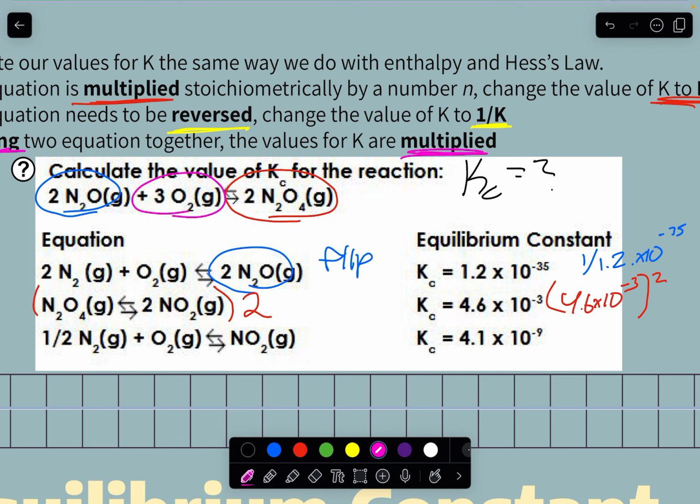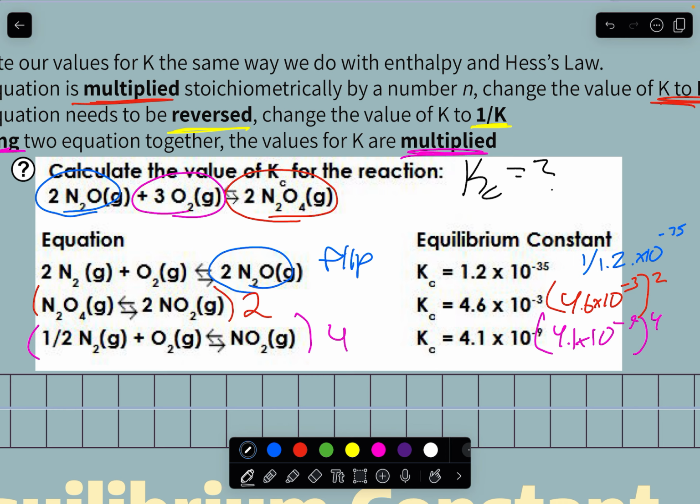Right now I have 1 on the right from the first reaction because we flipped it, and 1 on the left. Those cancel out, so we'll need to multiply this reaction by 4, so we have 3 on the left overall. And remember, if we multiply by 4, we do the power of 4. So 4.1 times 10 to the negative 9 to the 4th power.